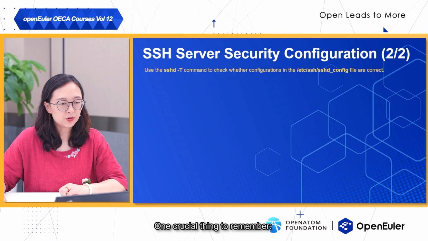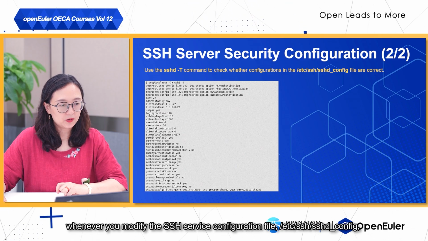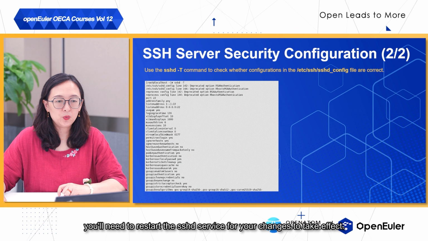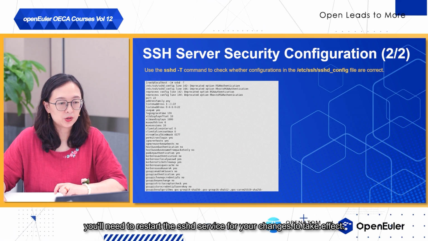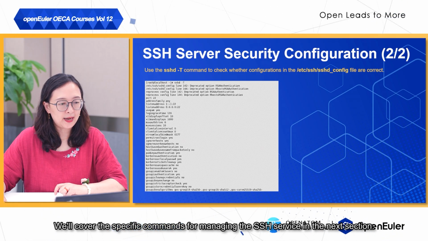One crucial thing to remember: whenever you modify the SSH service configuration file, /etc/ssh/sshd_config, you will need to restart the sshd service for your changes to take effect. We'll cover the specific commands for managing the SSH service in the next section.